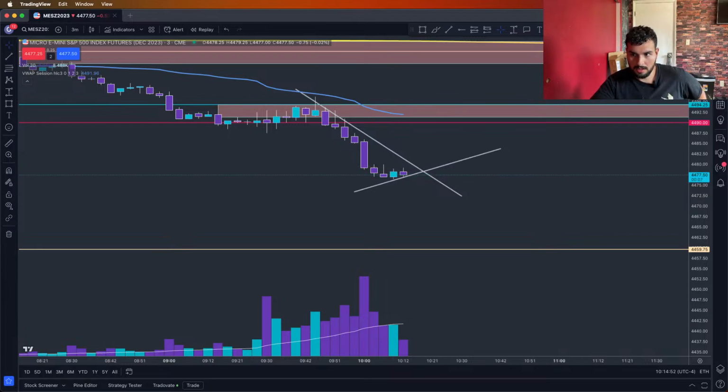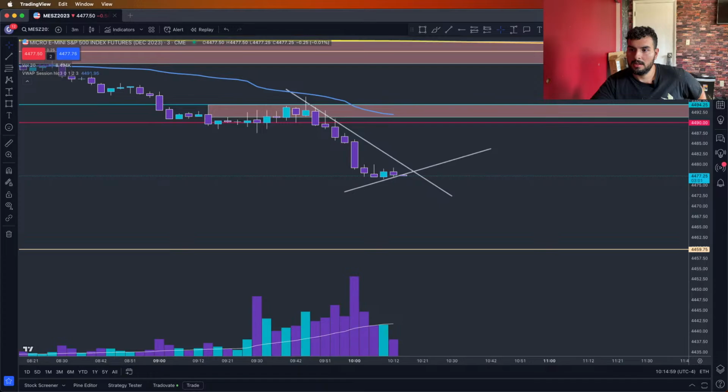Book map. Let's see how the book map is looking. Broke below.